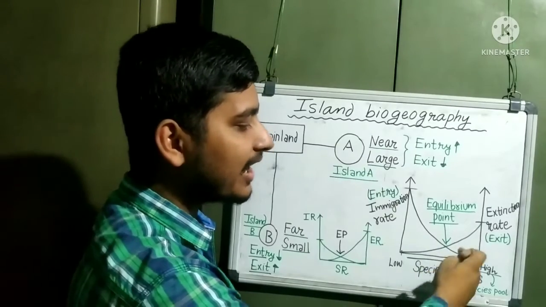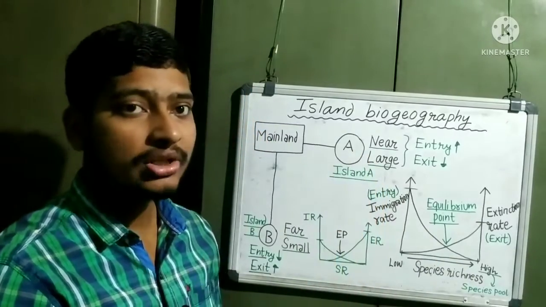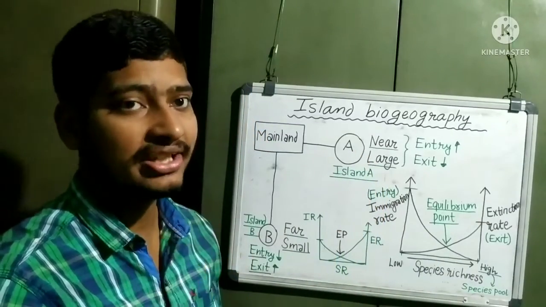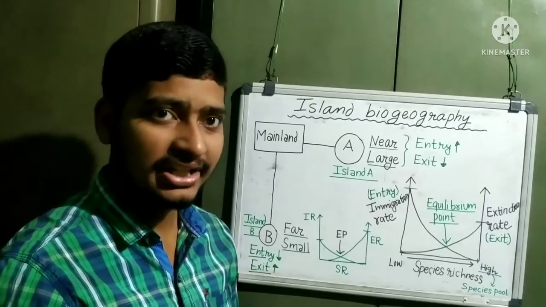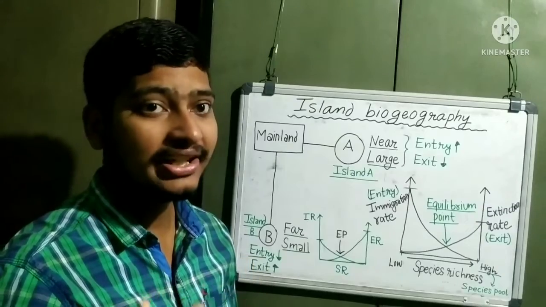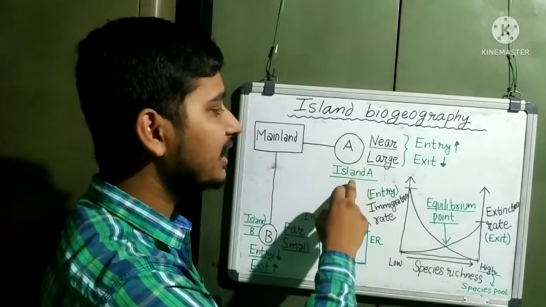And at high species richness, there will be more likely extinction or exit from that place due to competition, due to limited space. So this graph tells you about island A.